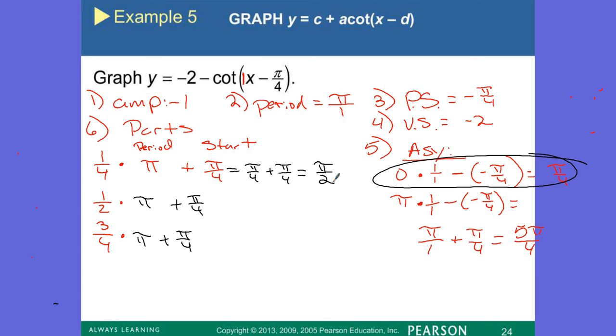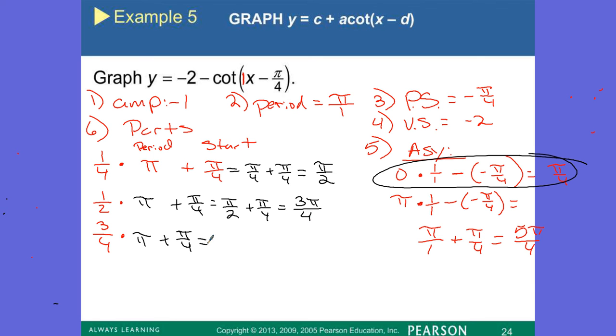Okay, this is going to be pi over 2 plus pi over 4. If you notice, different denominators, so I have to do the trick, right? The cross thing. So it's going to be 4 pi plus 2 pi over 8. So that's 4 pi plus 2 pi is 6 pi over 8. 6 pi over 8 is 3 pi over 4. Very good. 3 pi over 4. Okay, do the next one.